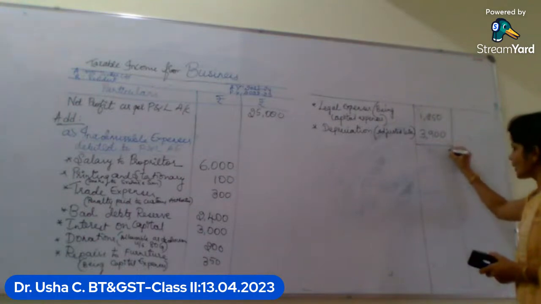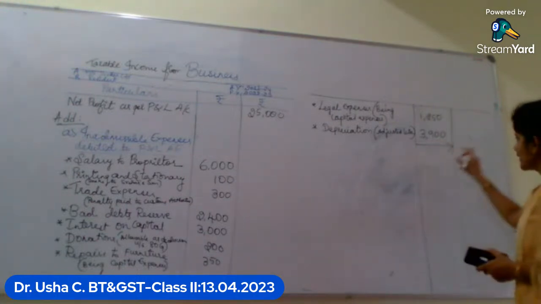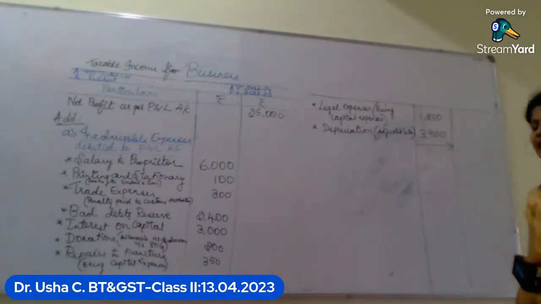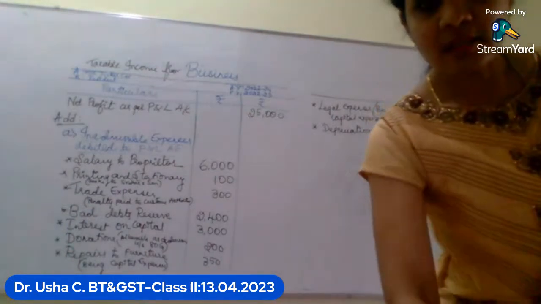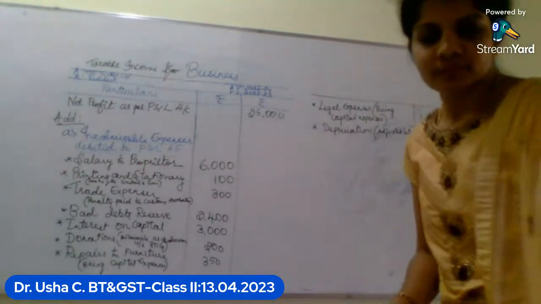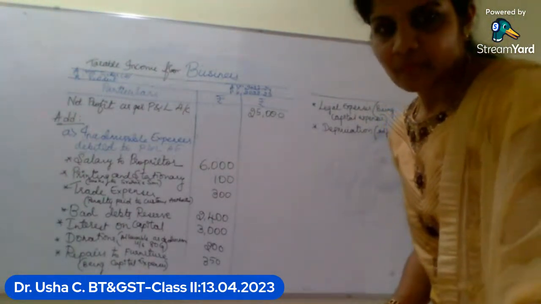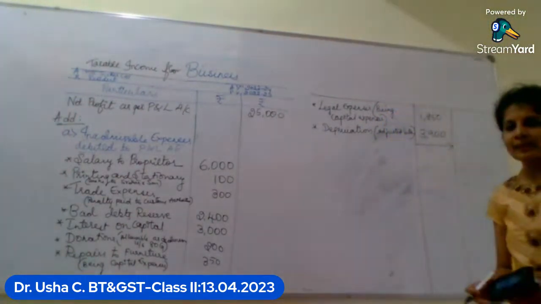Now you have to take the total and tell me what is the amount which I have to take into the outer column. I don't have the solution for this. I have only the question with me.